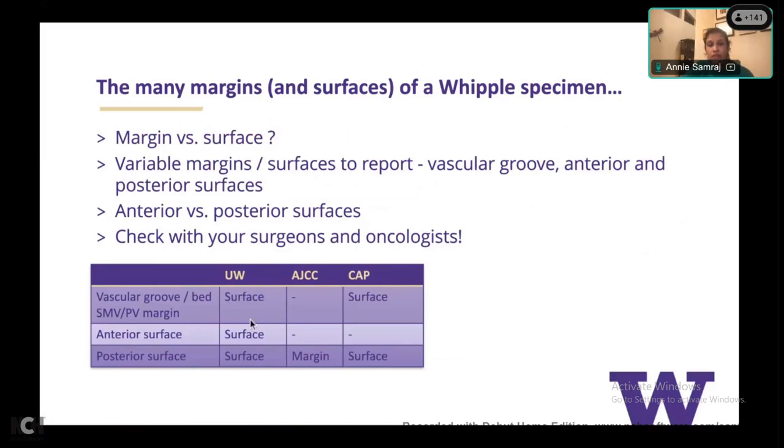At my institution, the University of Washington, we consider all of these surfaces and not really true margins. And if you look at the AJCC guidelines, the posterior is considered a margin, and the CAP considers them surfaces. So again, check with your surgeons and oncologists to see if these surfaces are treated as margins or not.